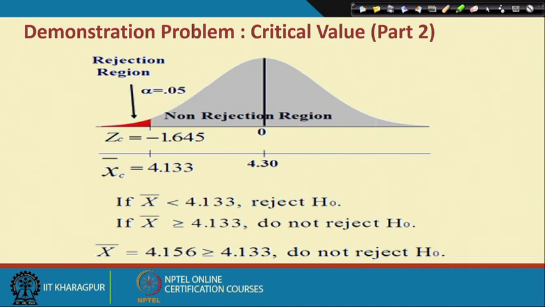So, that means it is a decision making process, and the process is very simple, corresponding to the population parameter, the choice of the test statistic and the alpha fixation.